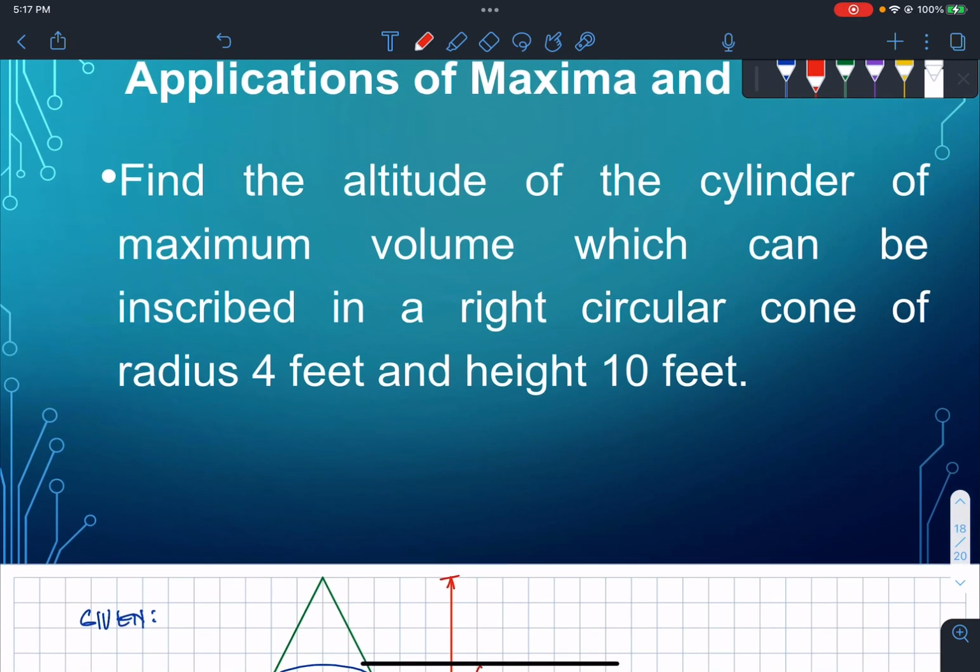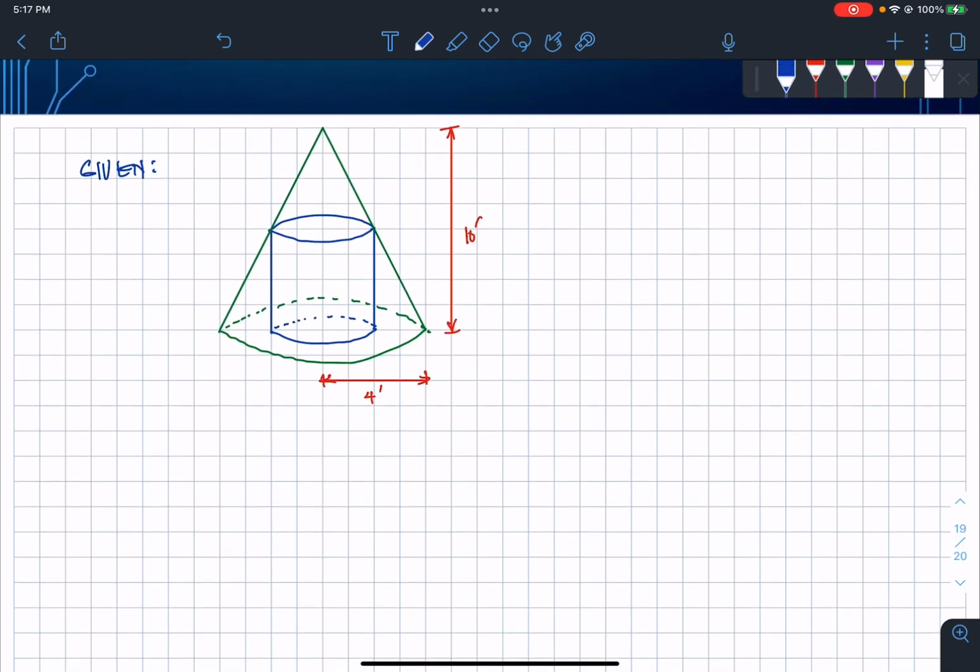So find the altitude of the cylinder of maximum volume. So we are to maximize the volume.